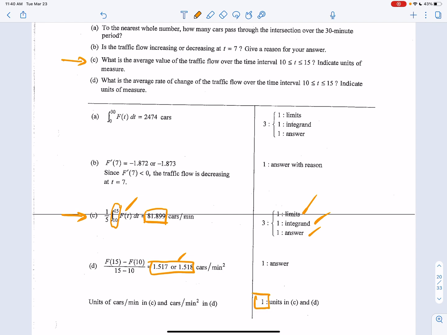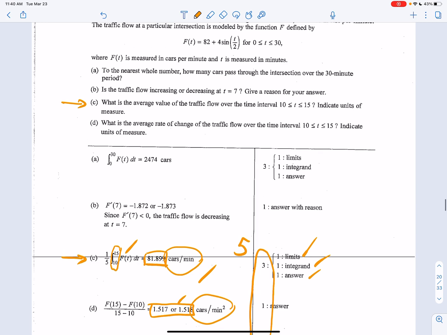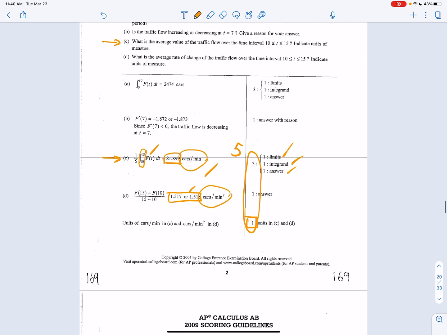If you got the units in parts C and D, you get 1 more point. Cars per minute and cars per minute squared. Okay? If you take a look there, it racks up a lot of points. That's a 5-pointer right there. Okay? So there you have it. Okay?